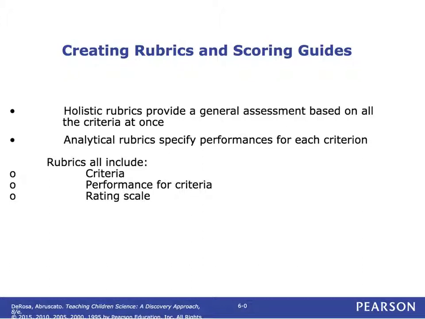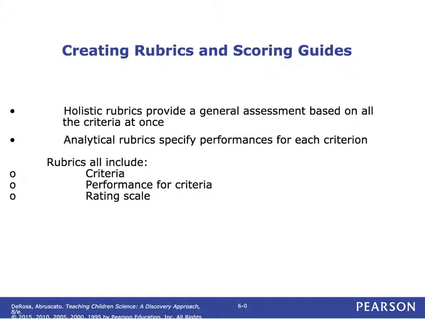A holistic rubric will provide a general assessment that is based on all of the criteria at once, whereas an analytical rubric will specify performance for each criterion that you specify. So a holistic rubric evaluates the activity as a whole, and an analytical rubric goes into specific criteria and evaluates each one of them independently.